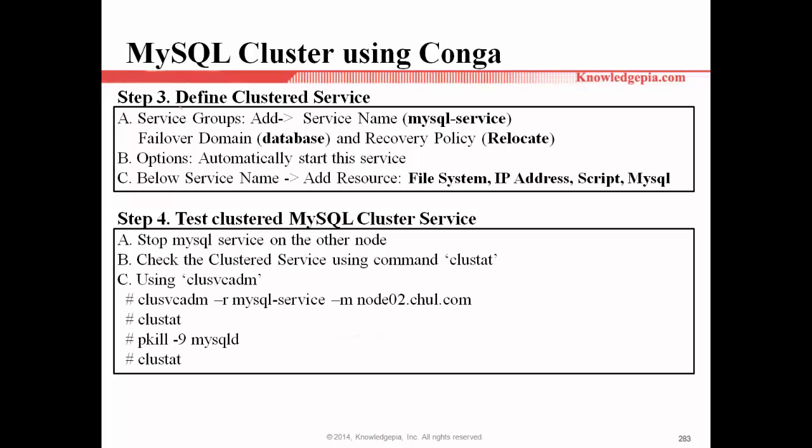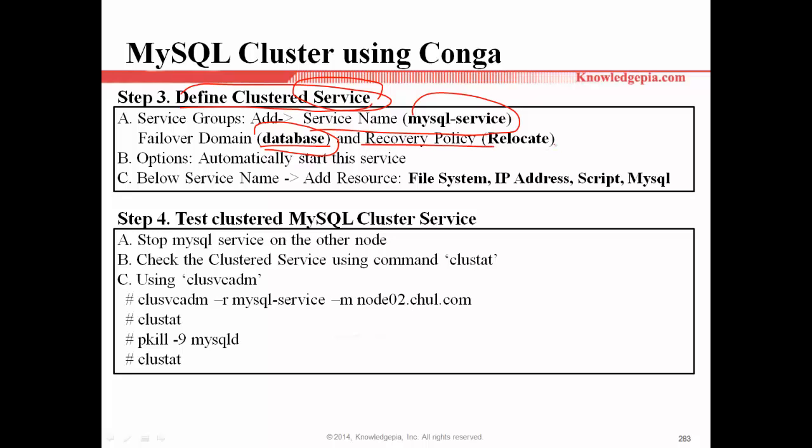And step 3, define the clustered service. So now in step 2, I created 4 kinds of cluster resources. So here, using these resources, I will create the service. The service name will be MySQL-service. And for the failover domain, I will use the database.